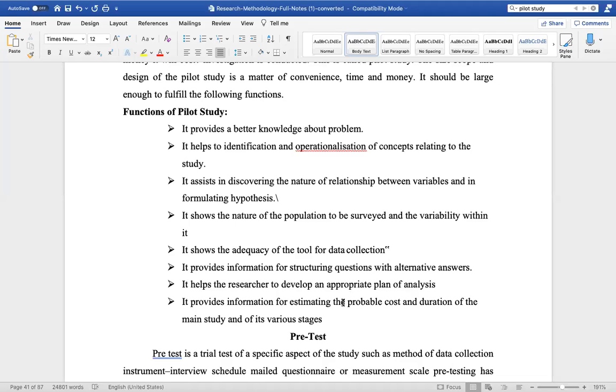And I'll also find out what kind of tools there are, what different data analysis tools can be used. We will study about data analysis tools also when we come to that. And it provides me information for estimating the probable cost, duration, as I mentioned earlier, of the main study and various stages of studies, right?